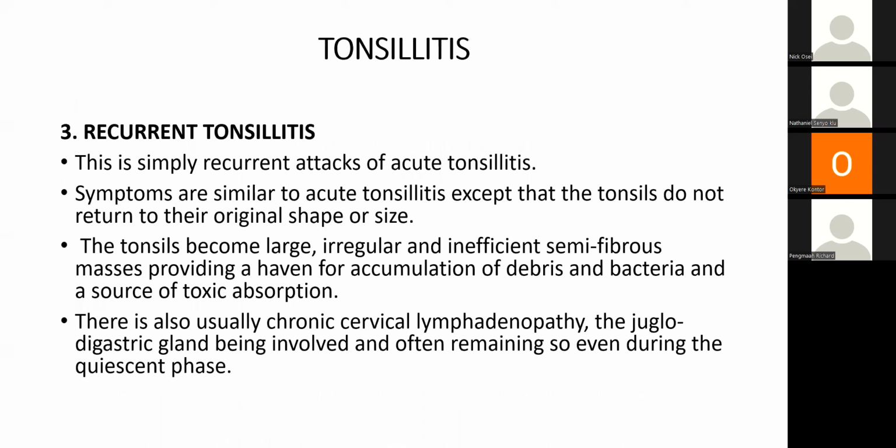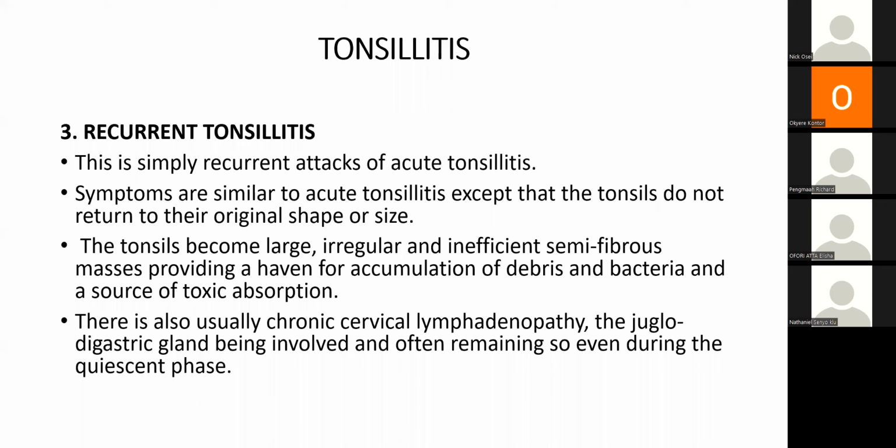And then we have the recurrence. So you have recurrent tonsillitis. Recurrent tonsillitis is when one has recurrent attacks of acute tonsillitis. You should be able to differentiate acute tonsillitis from recurrent tonsillitis in that, after acute tonsillitis, the tonsils will usually return to their original shape or size.